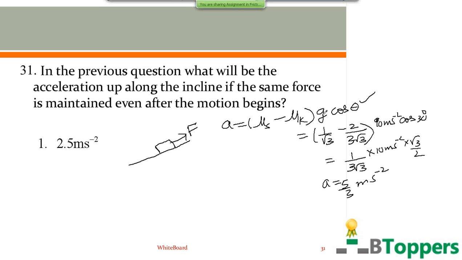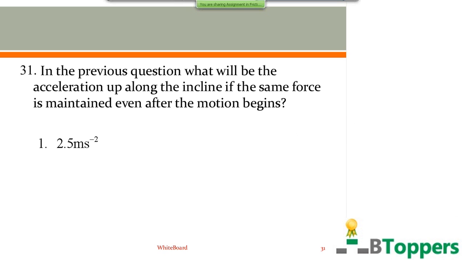So in the board examination, you are supposed to derive this result first, and then you can substitute the numerical values. For question number 31, the third option is the answer.